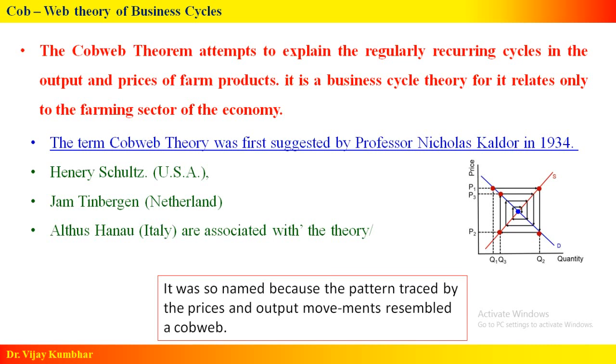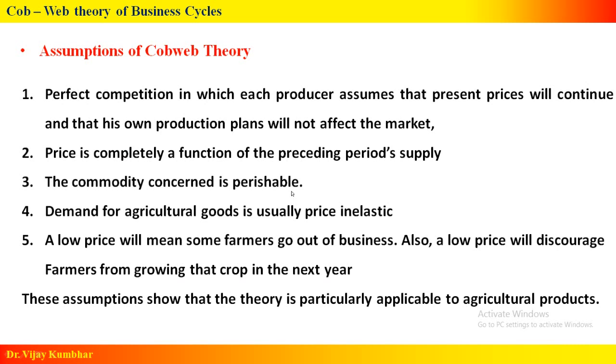These four economists are related to the cobweb theory. It was so named because the pattern traced by the price and output movement resembled a cobweb. Hence, this theory is known as the cobweb theory.